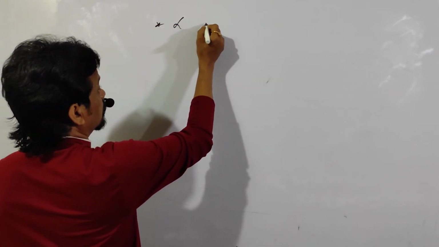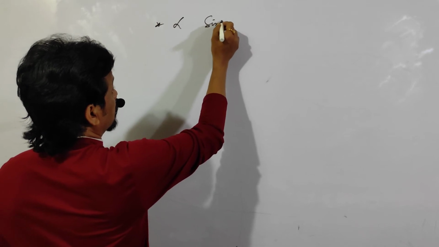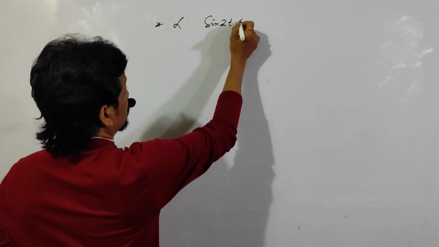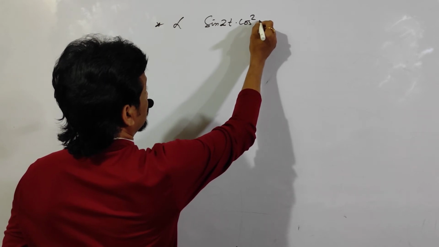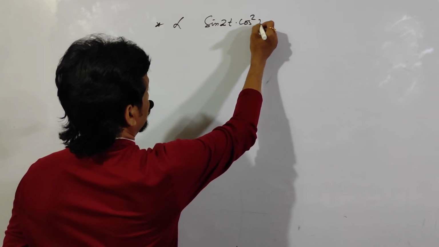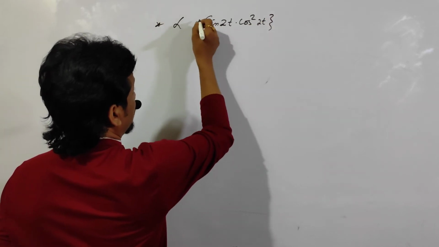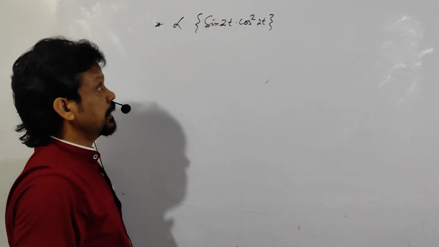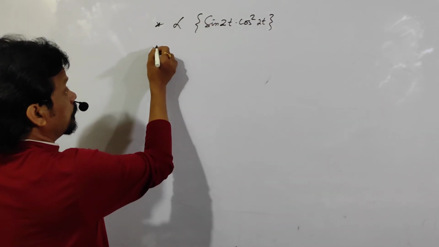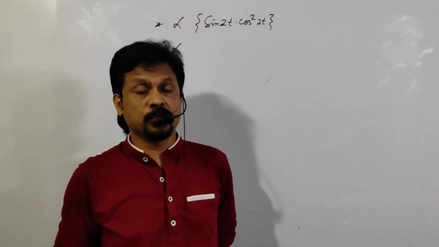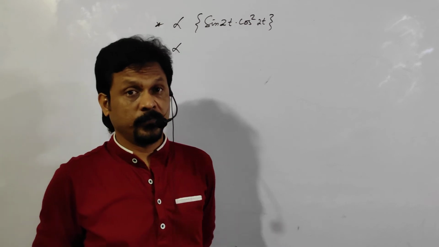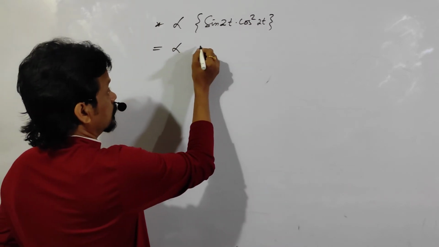Okay, now another question is here. Laplace of sin 2t into cos square 2t. Like this, the question will be like this. Sin 2t into cos square 2t. I am solving different types of problems so that you should know how to apply the formulas.